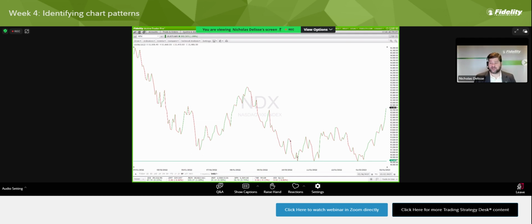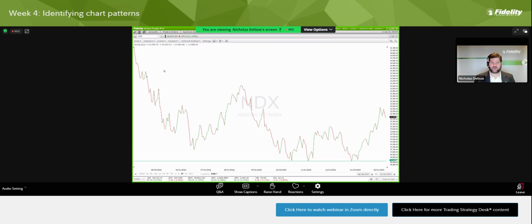And I've been asked, well, Nick, was this a double bottom? Well, we'll see. Kind of came back here. Is this a triple bottom? We'll see. And then what happened? It's like in here, double bottom. We're looking for the breakout.